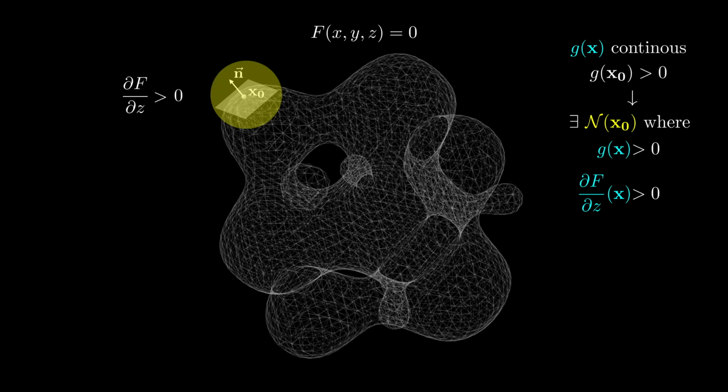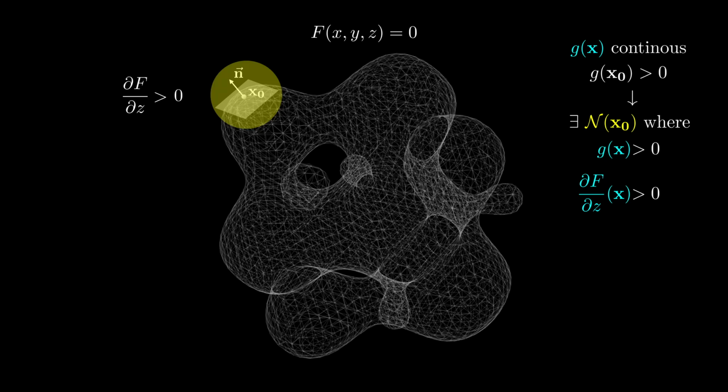And what is the function? The function was simply the partial derivative, right? Remember that we just changed the name of this partial derivative. So what we found is a region where all the points have a positive value of the partial derivative with respect to z. And here is how it looked. Here I have the zoom.